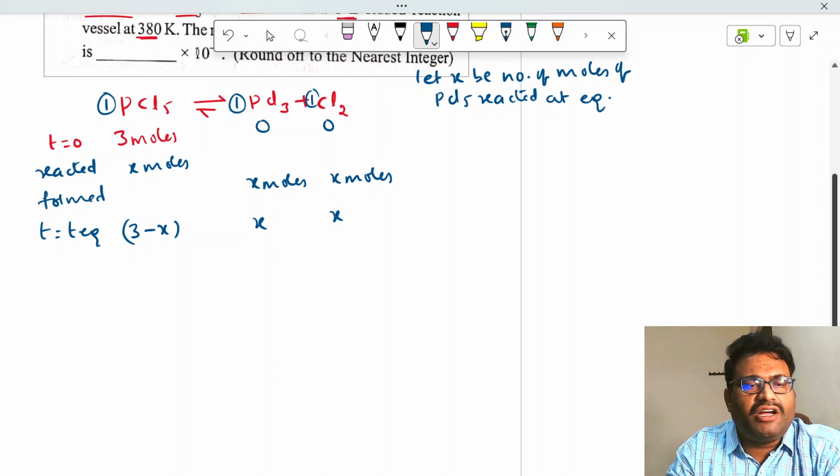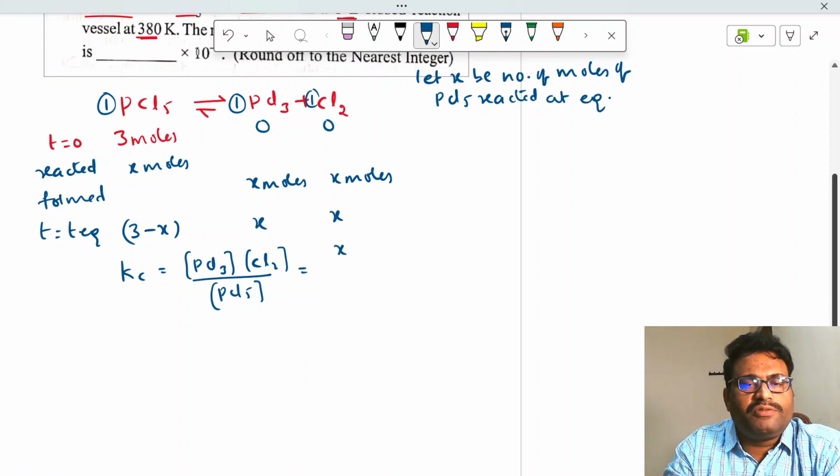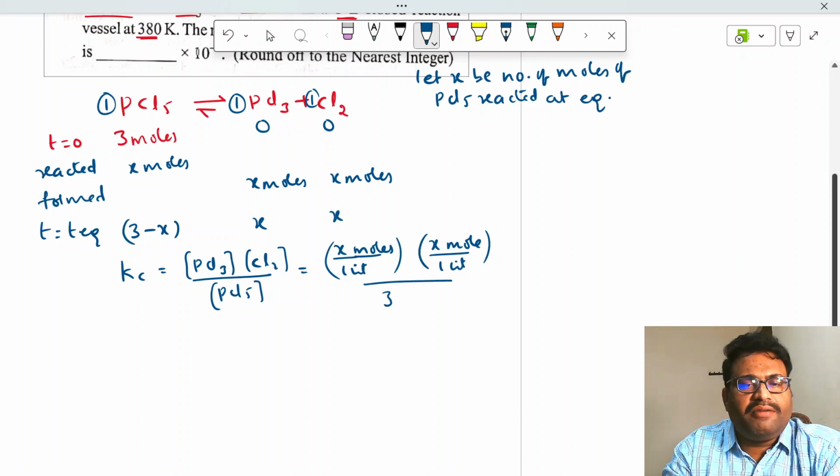And how will you write Kc for this reaction? PCl3 concentration into Cl2 concentration by PCl5 concentration, that is equal to X moles by 1 liter into X moles by 1 liter by 3 minus X moles by 1 liter.